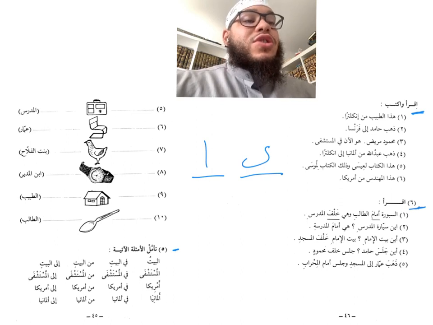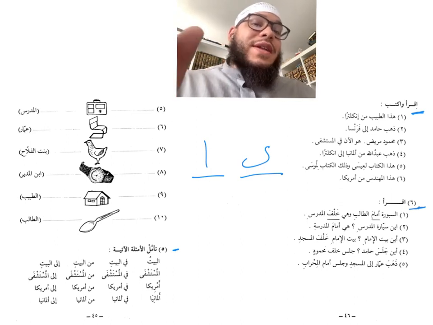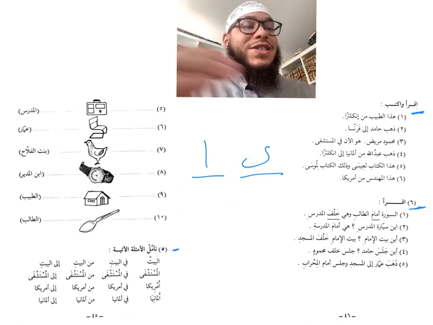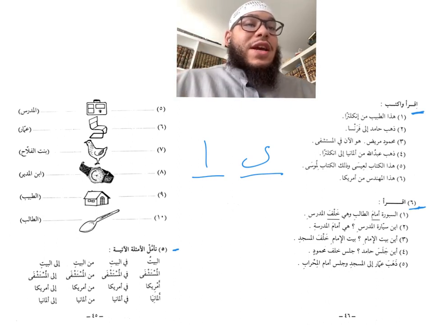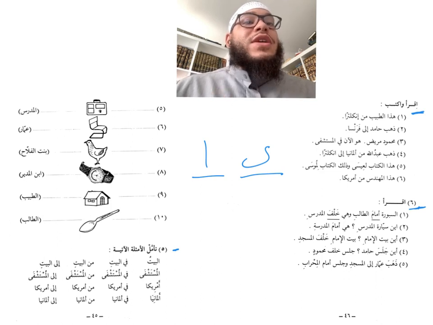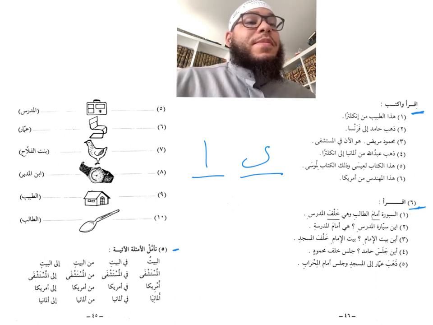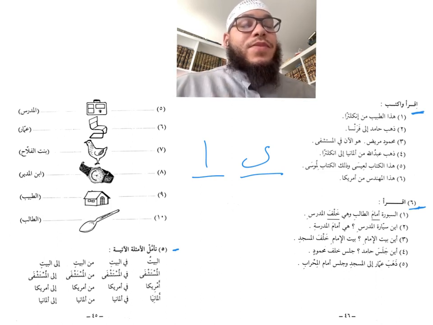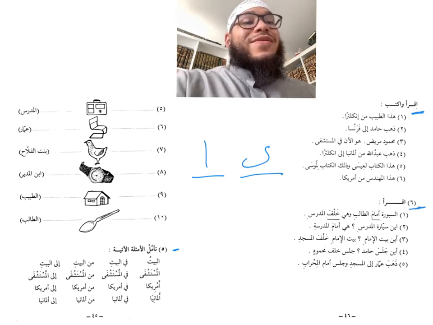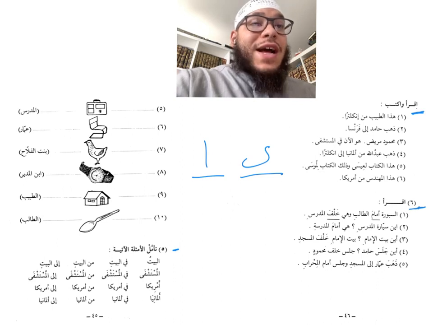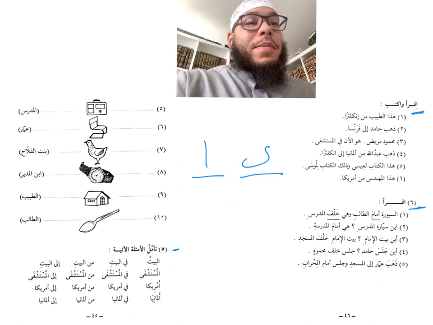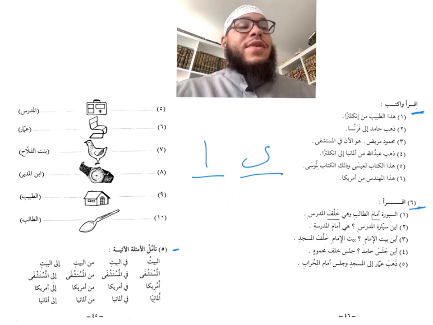So that is the usage of amama and khalfa. As I said to you, it makes whatever noun comes after it take kasra. It looks like a preposition, but this rule is called mudaf ilayh, the possession and the possessor. That's the rule that is applied here when we use adverbs of both time and place. And this one is at the moment an adverb for place.